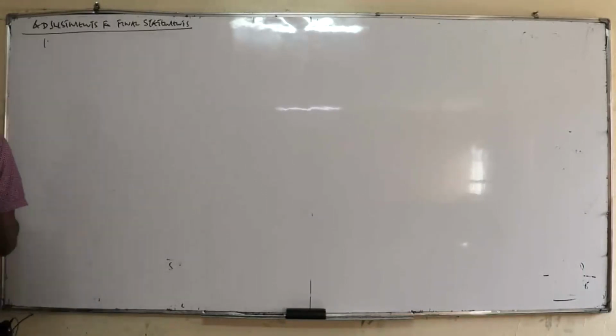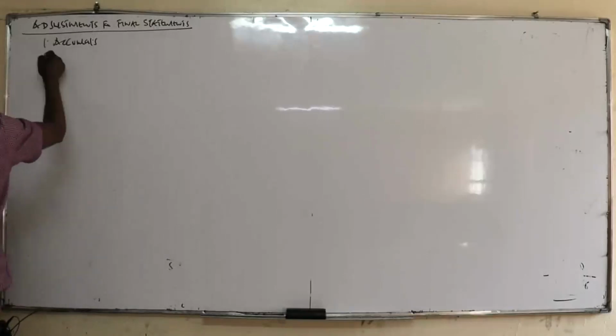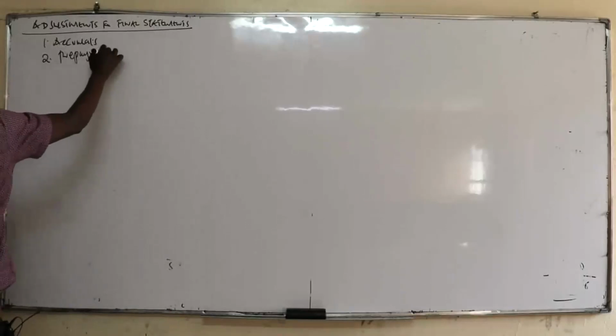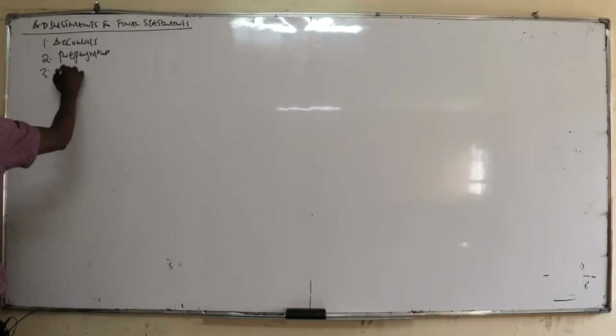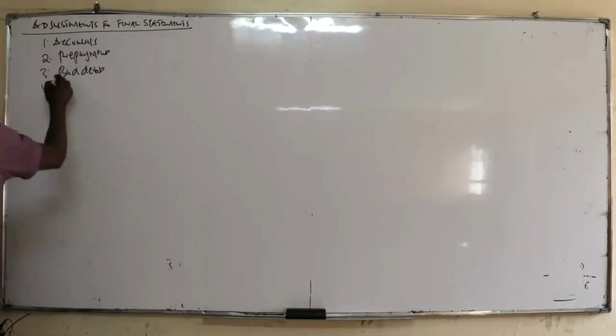Number one, we have accruals. Number two, we have prepayment. Number three, we have bad debts. And number four, we have provision for bad debts.